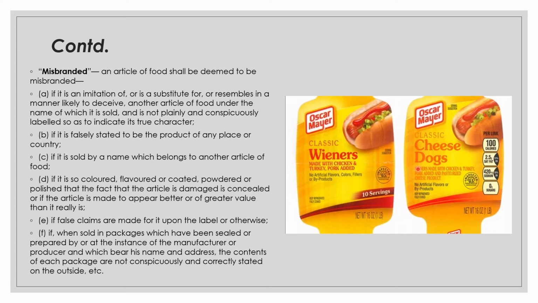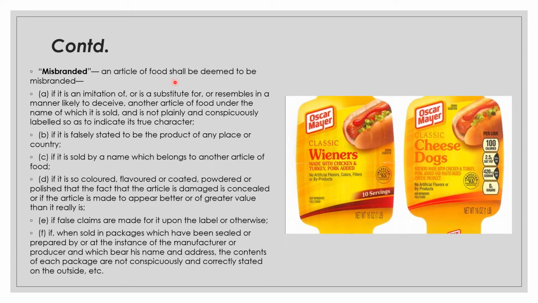So just looking at the package and color, he may get confused. Even if these two products are placed together, the consumer gets confused which one he should take. So let us look at the definition of misbranding.